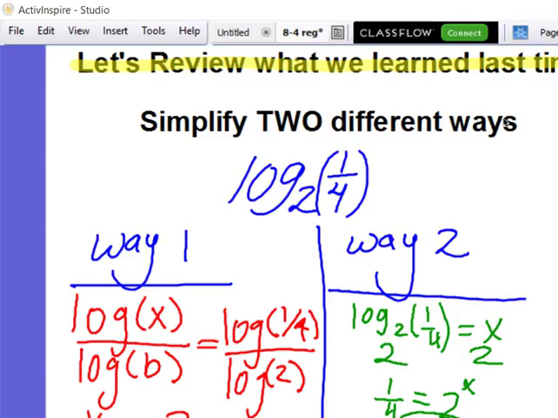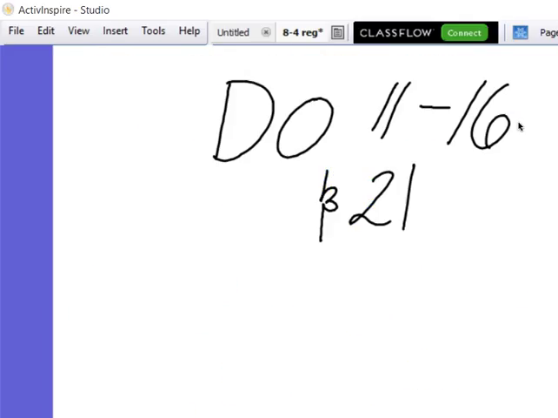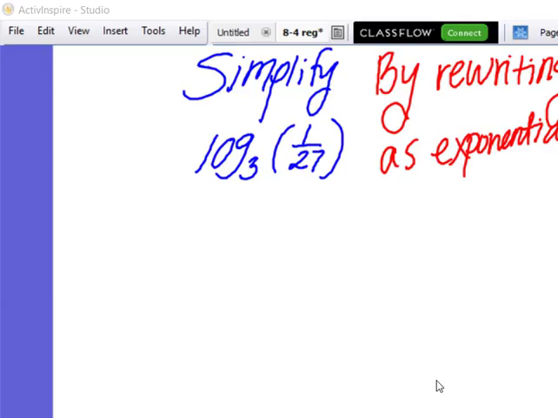So once again, we can simplify this by using either the change of base formula or rewriting it as an exponential and using our brains and thinking about it a little bit. Either works. So you're doing 11 through 16 and 21. Our final answer is this equals -3. Okay, so that would be our final answer, -3. Way to go. Okay, awesome, good, we got it.